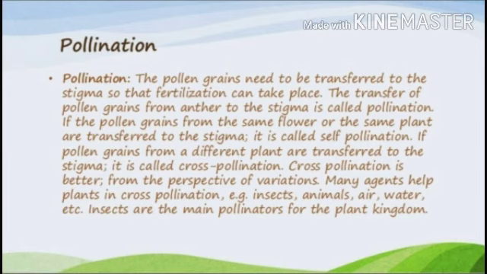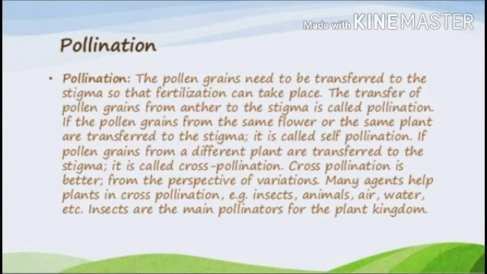Cross-pollination is better from the perspective of variation. Okay, many agents help plants in cross-pollination. Example, insects, animals, air, water, etc. Insects are the main pollinators for the plant kingdom.